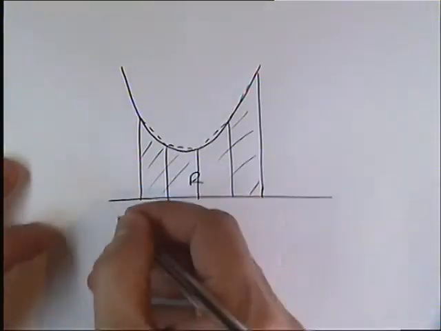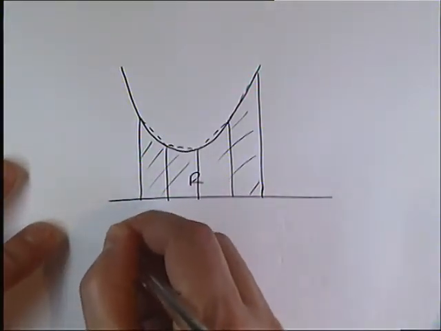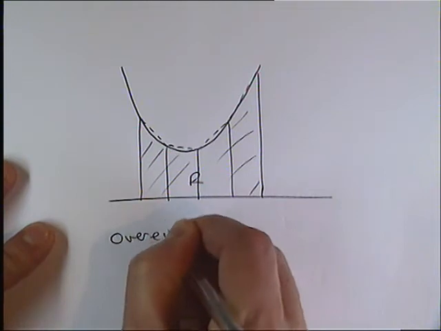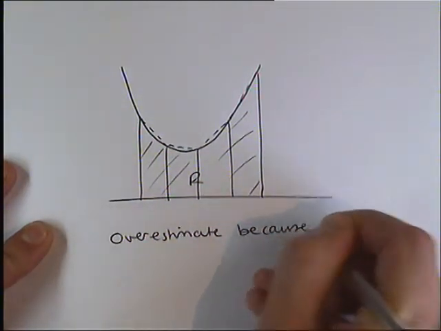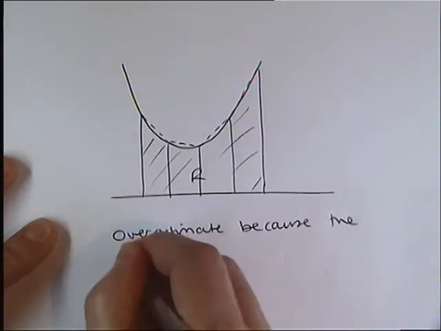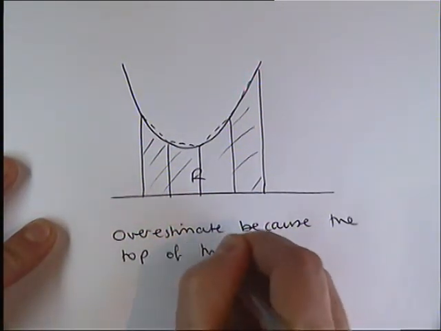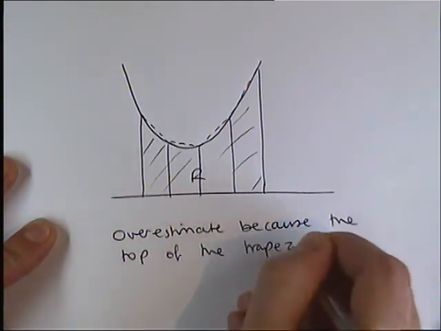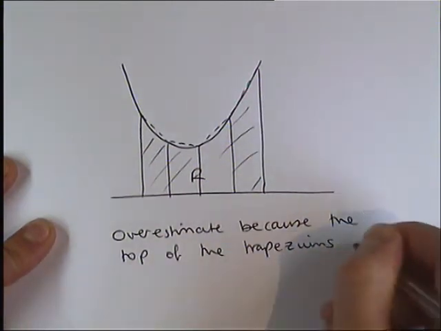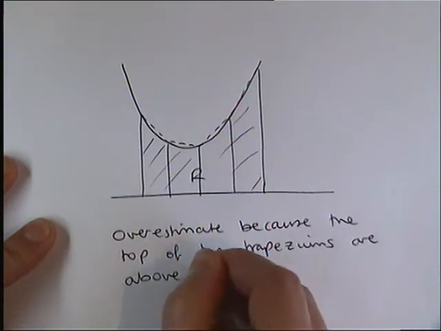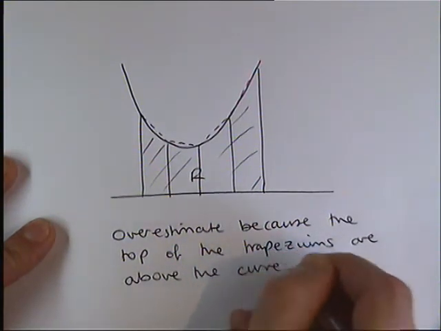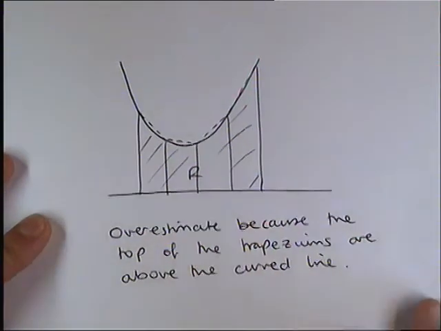So what we need to say is we've worked out an overestimate because the top of the trapeziums are above the curved line, something along those lines.